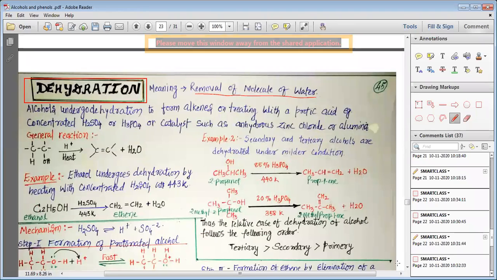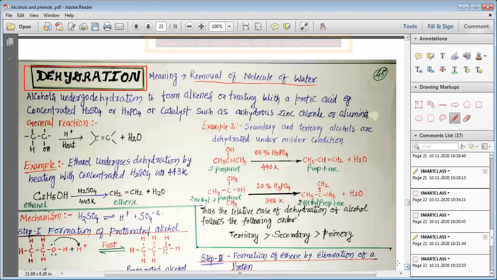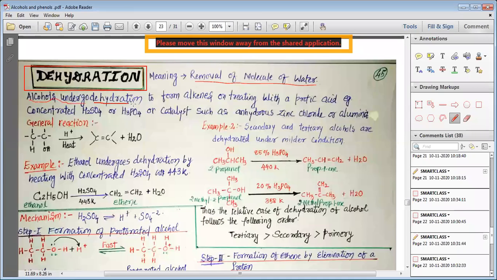So now, my dear students, we are going to study the important dehydration reactions. Alcohols undergo dehydration to form alkenes. Alcohol forms alkene when dehydration takes place. How?